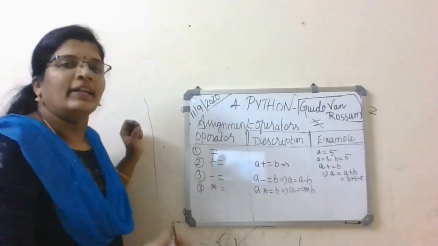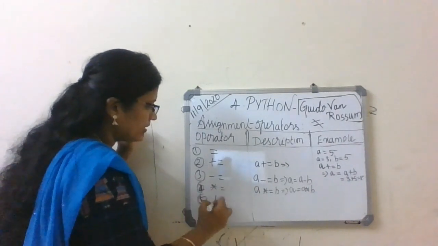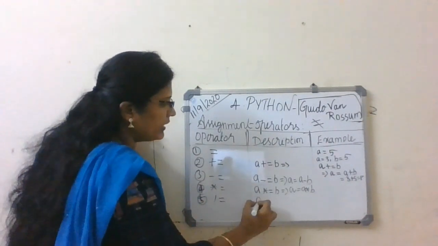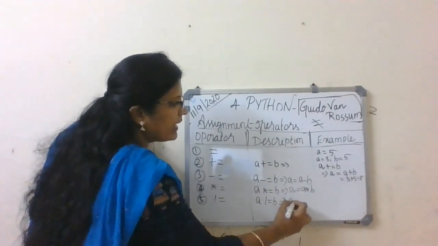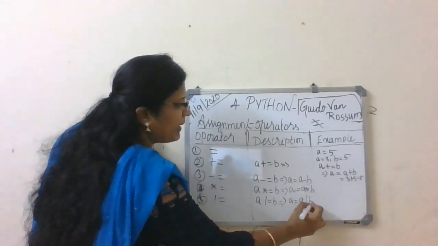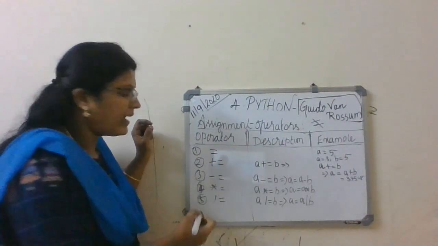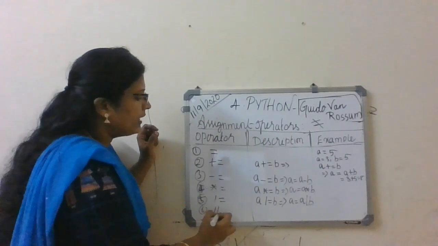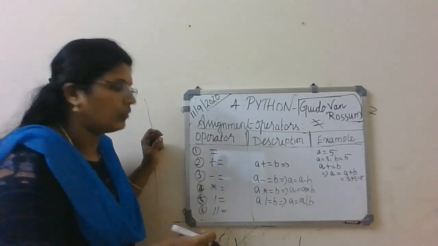Then division is also the same. A slash is equal to B implies A is equal to A divided by B. Then remainder also the same. For the remainder we use the double slash symbol. Double slash returns the remainder only.